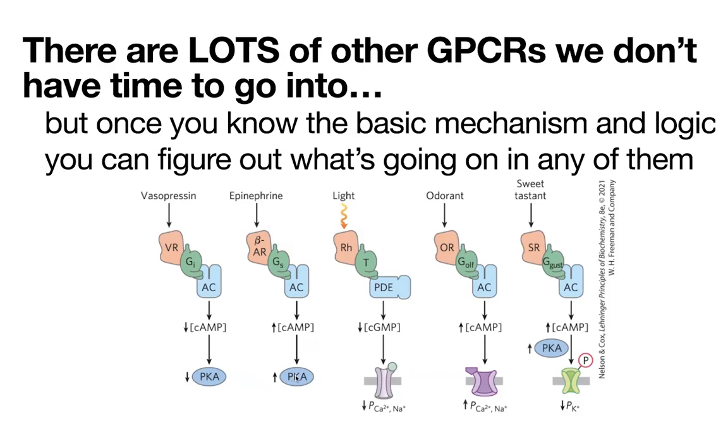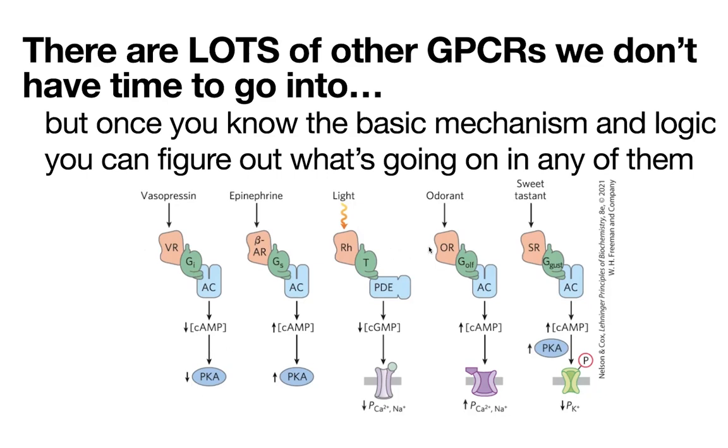We also saw how we can have a Gq subunit that's going to activate phospholipase C and lead to the release of calcium as well as IP3, PIP2, and DAG. We also can have these inhibitory subunits, like when vasopressin binds to one of these receptors. It has this inhibitory subunit, which is going to inhibit adenylyl cyclase, leading to less cyclic AMP being made and less PKA being activated.